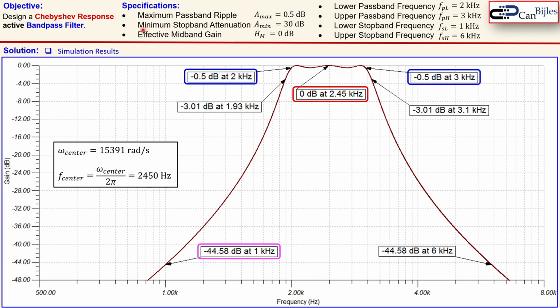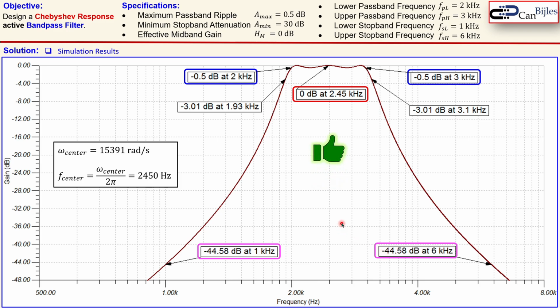So that is of course fine, because this is the minimum. So this is also as expected. And at 6 kHz, also another parameter, you see the exact same attenuation. So we can say all the specifications are met, so we have achieved our goal.